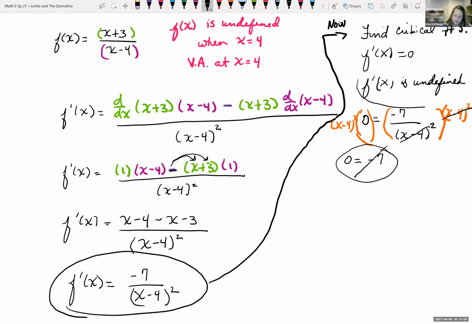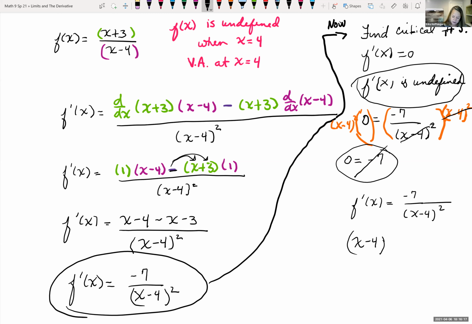But if we look at this, the derivative is undefined at values which set our denominator equal to 0. And so it's undefined when x minus 4 quantity squared is equal to 0. If you take the square root of both sides, we get x minus 4 equals 0.